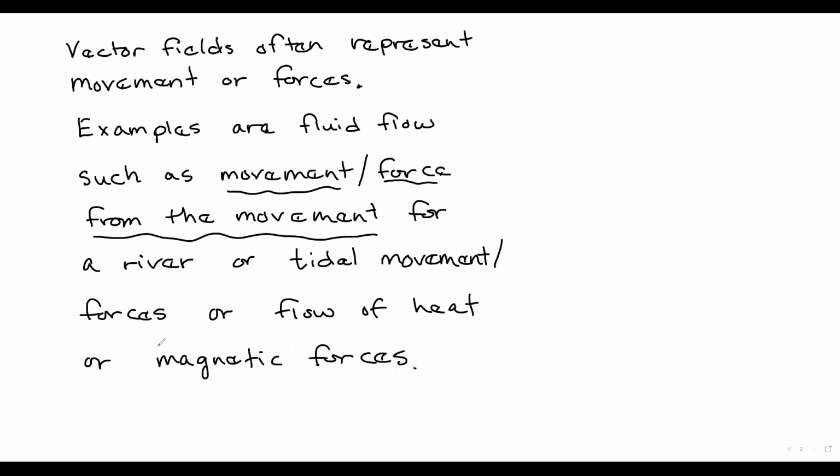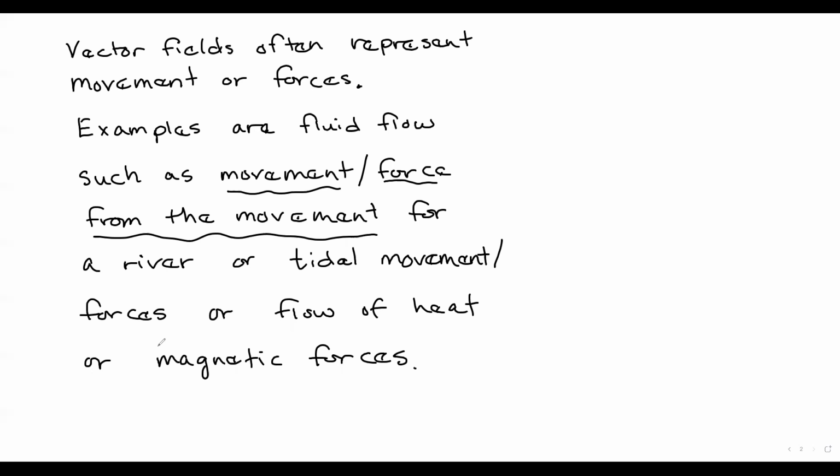An example would be a river. If you Google tidal vector field, I don't know if it will bring it right up, but with enough searching you can find maps that represent tidal movement, and the way those maps frequently represent that movement is with arrows. Those arrows are an example of a vector field.